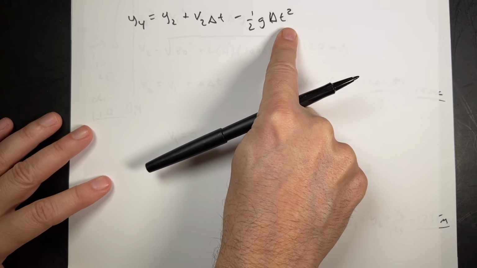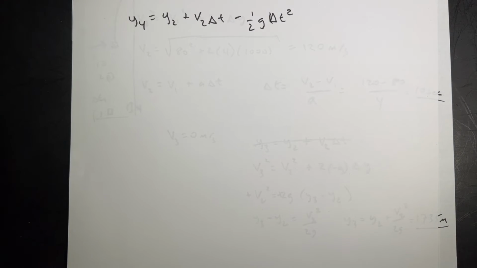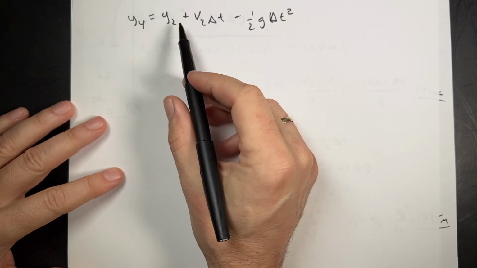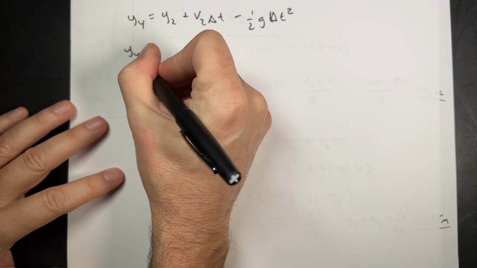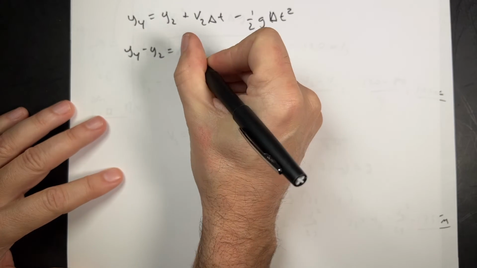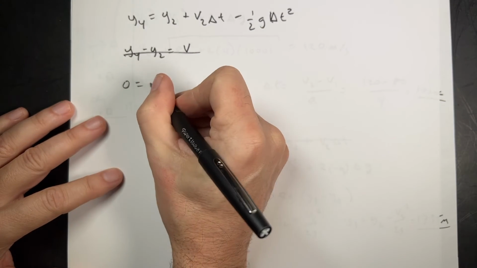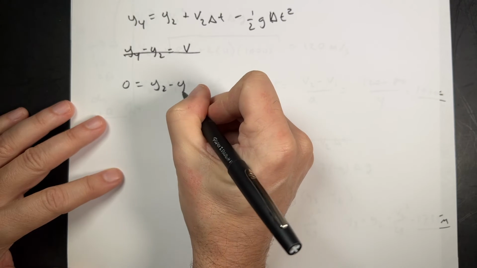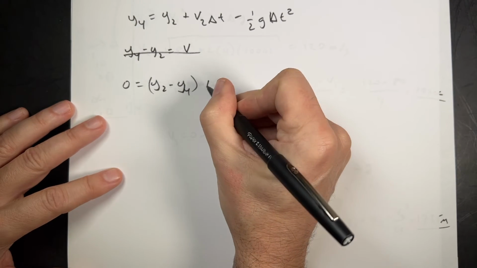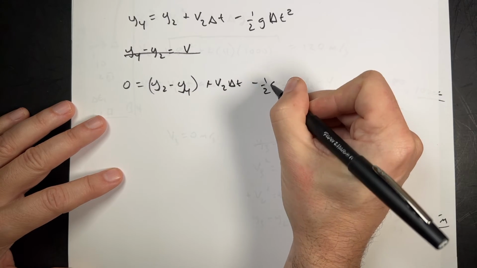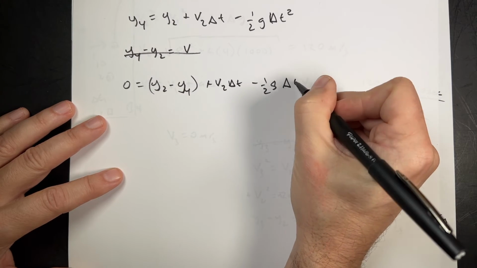Now, you can see here that I'm going to have to use the quadratic formula, and that's fine. Okay, so let's just subtract this. I get y4 minus y2 is, oh, I want to do it this other way. 0 equals y2 minus y4, parentheses, plus v2 delta t minus 1/2 g delta t squared.